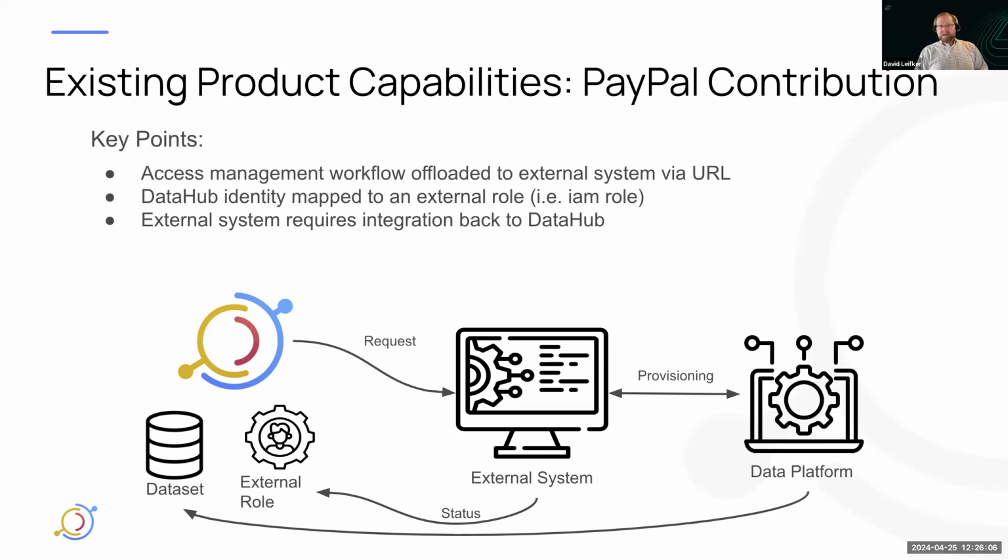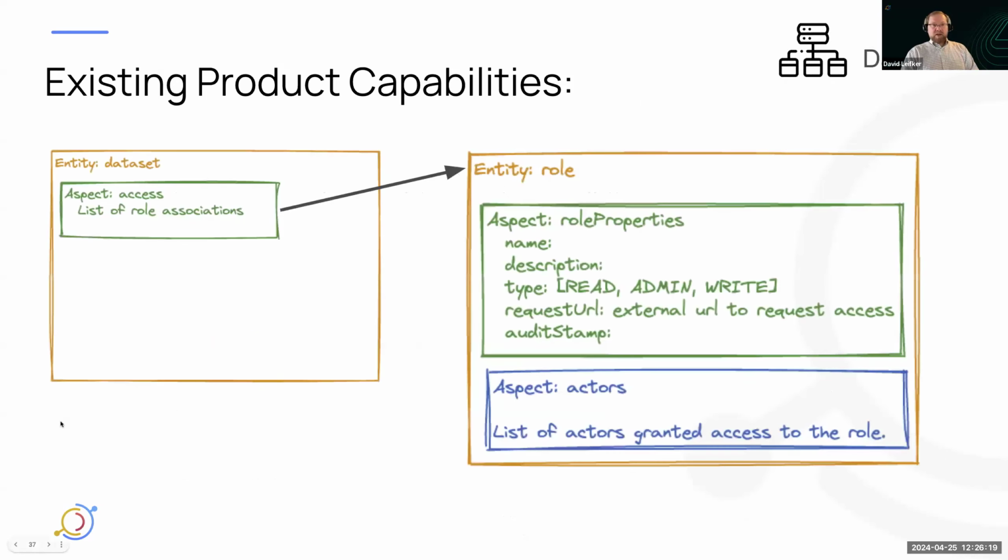So this is, again, a very lightweight touch. And this definitely relies on a lot of external integration with DataHub in order to actually make this work. Next. We have a couple of different pieces of the data model that control this, and it's pretty simple.